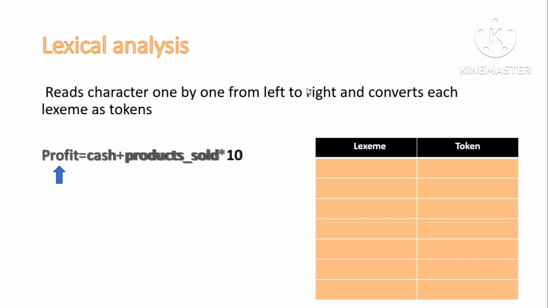The pointer is standing on profit. This profit is a variable, which we classify as an identifier. So profit is given as a lexeme, and the corresponding token is an identifier, which is depicted as identifier 1.